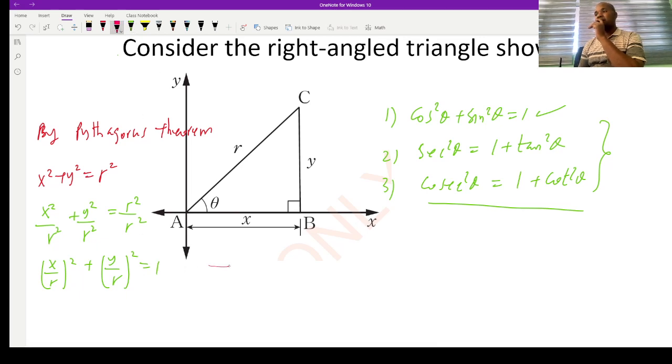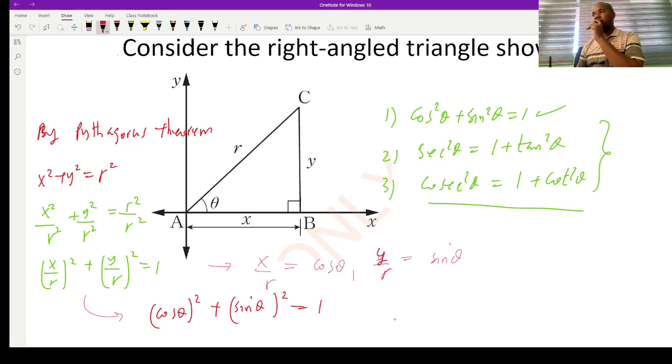And checking the ratios, x over r is cosine theta, and y over r equals sine theta. So we can easily see the connection now, that x over r is cos theta square plus y over r, which is sine theta square, eventually equals 1.